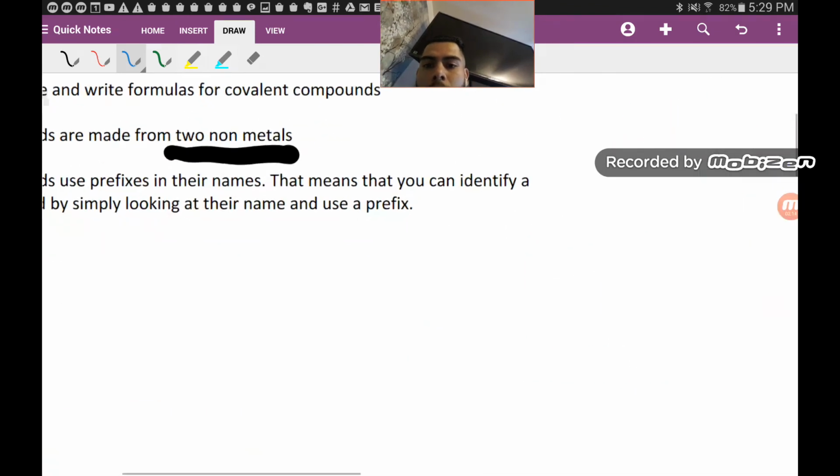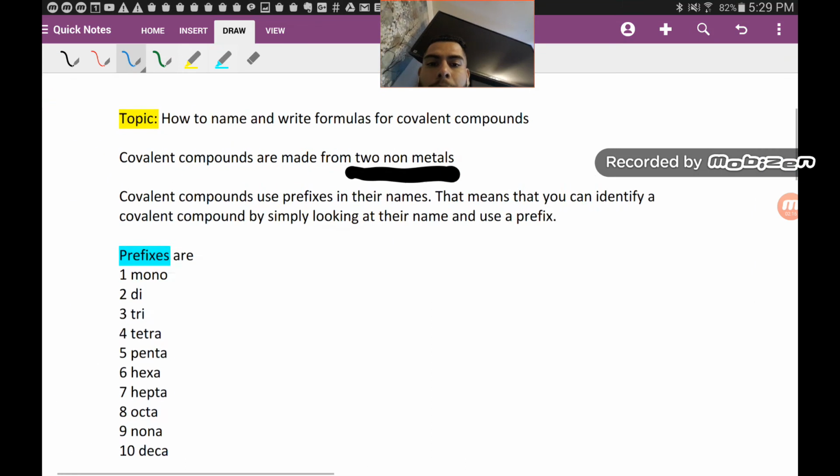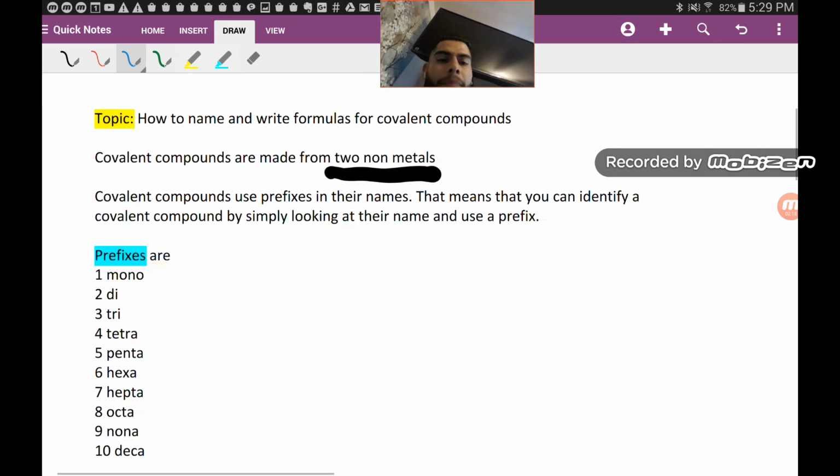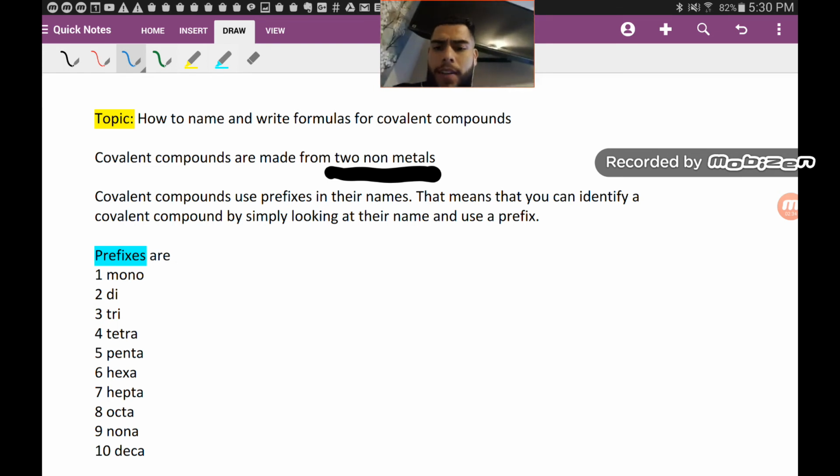So covalent compounds will have prefixes in their names. That means you can identify a covalent compound by simply looking at the name because they use a prefix. Your prefixes are mono, di, tri, tetra, penta, hexa, hepta, octa, nona, and deca. The word mono tells you that you have one, di tells you that you have two, and so on, right?